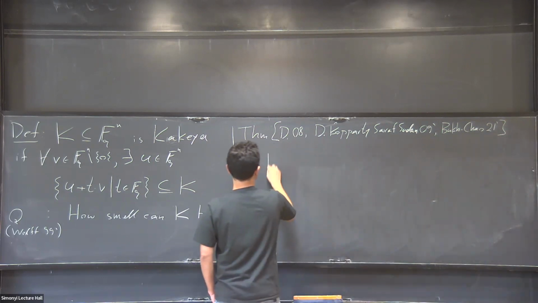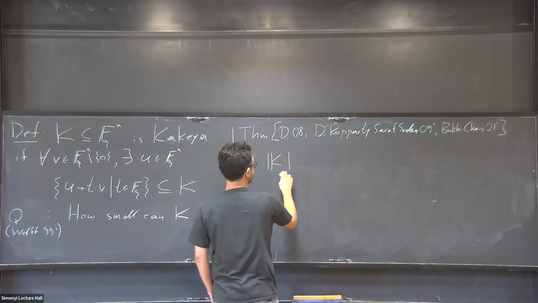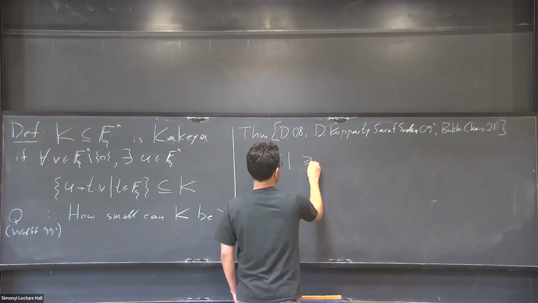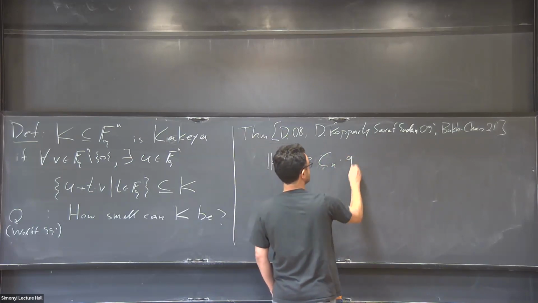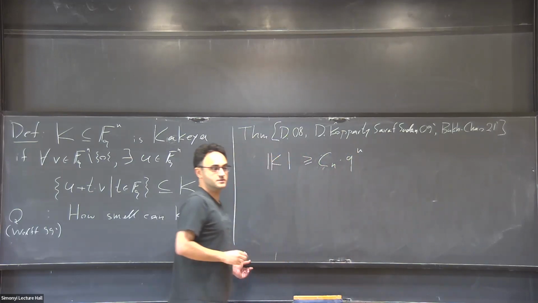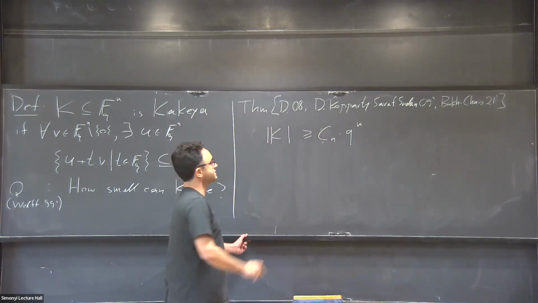The theorem is that if K is a Kakeya set in F_q^n, the size is at least a constant depending on the dimension times q^n. So it has some fixed density.